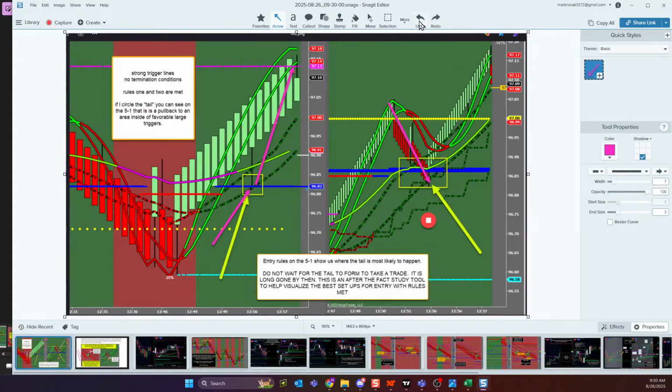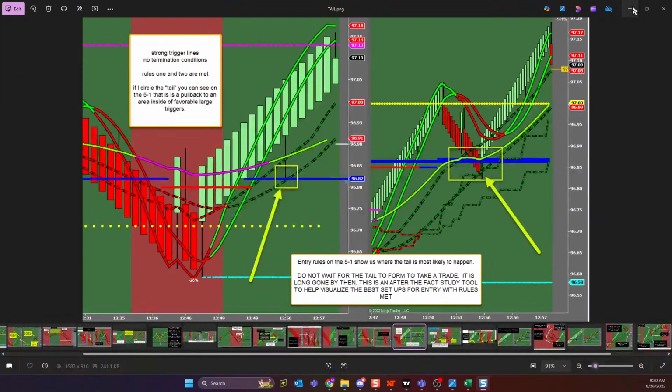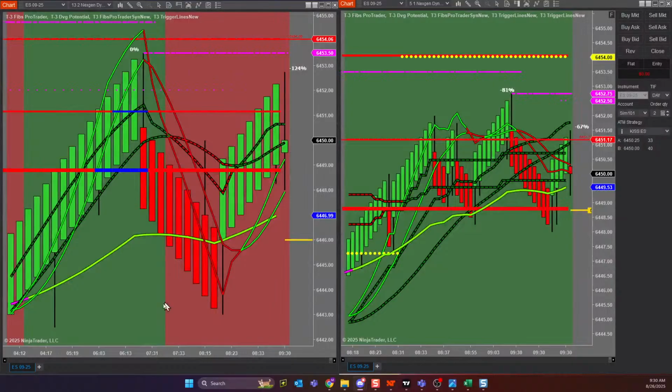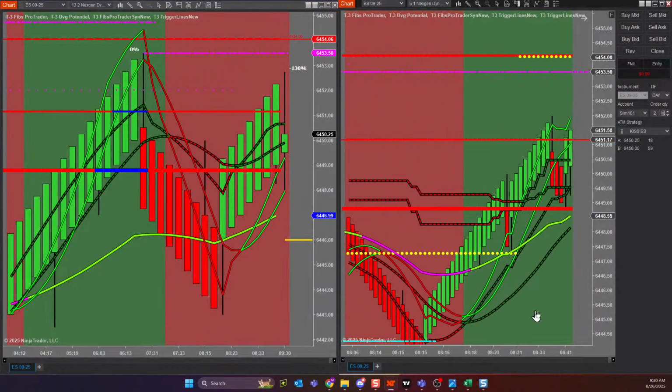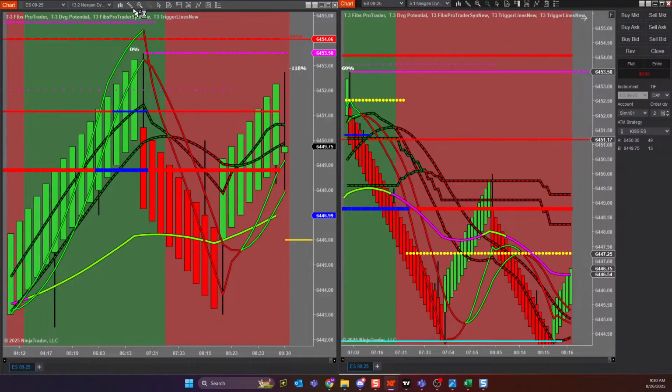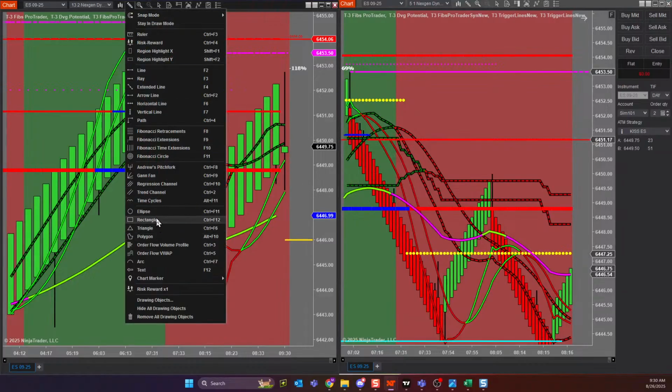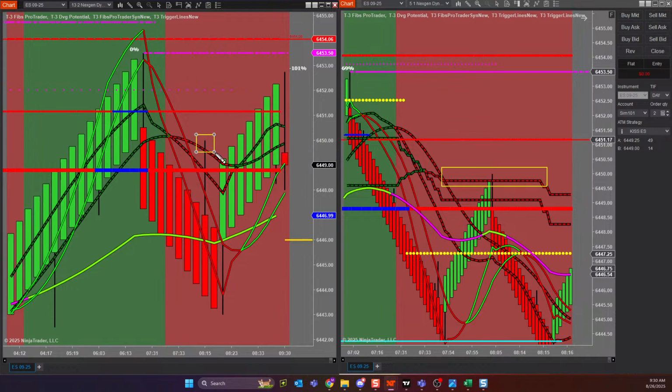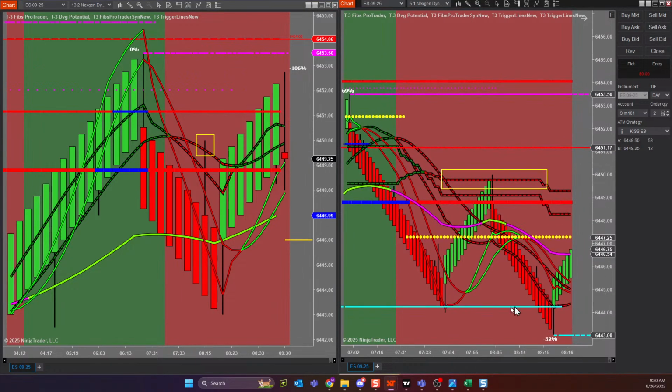Does that make sense, everybody? You can study the pattern by going back and circling these tails on the large chart. Let's see if we have an example of it. When I have momentum, this is a pretty good example. When I have the potential to break, if I circle the top of that tail, or square the top of that tail, you'll notice that there is a reversal bar.